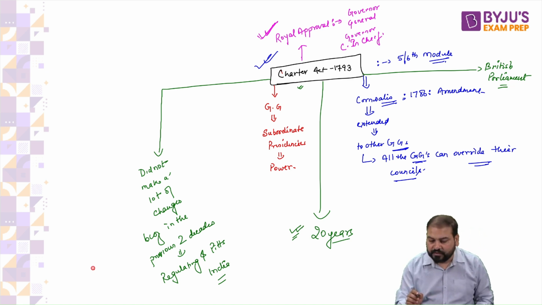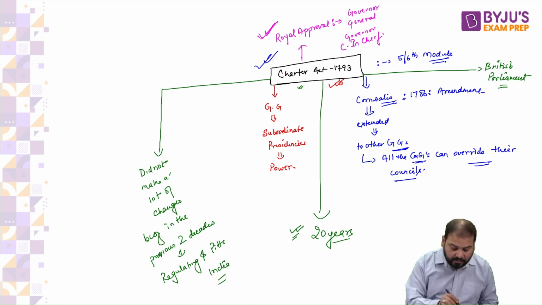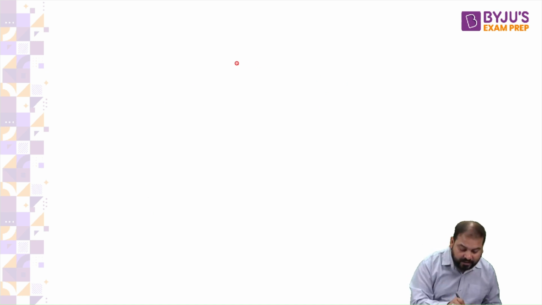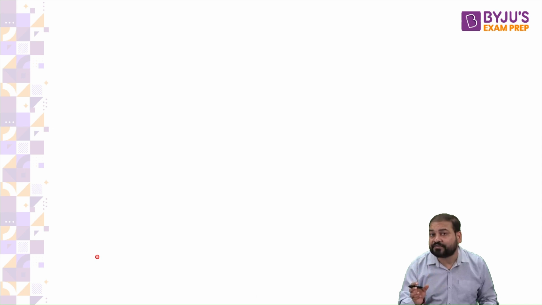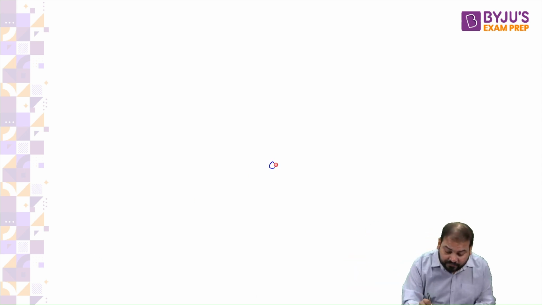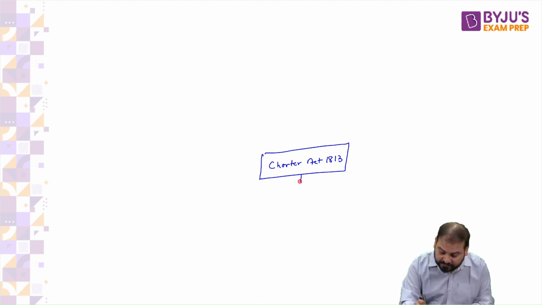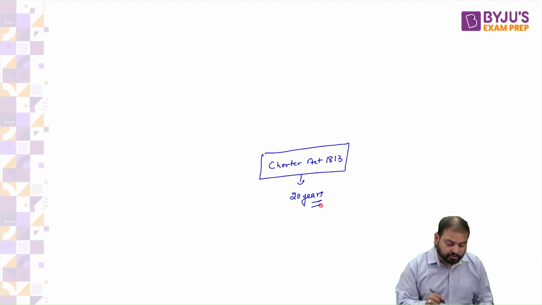All of you, please see here. Directly from 1793, we are jumping to 1833. Again, I'm repeating, I am not teaching the Charter Acts from the point of view of economy, so no private trade. We have studied that earlier. Just for one line, I will write here also: the next charter is 1813, issued for 20 more years.